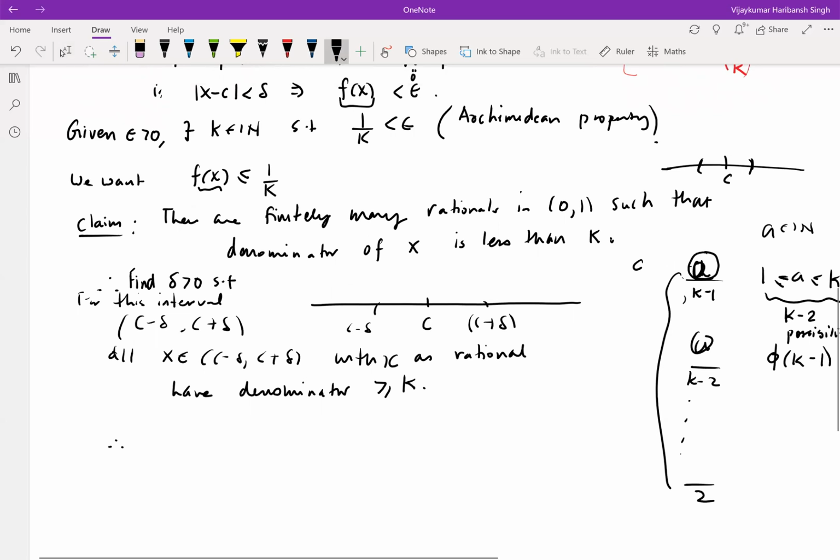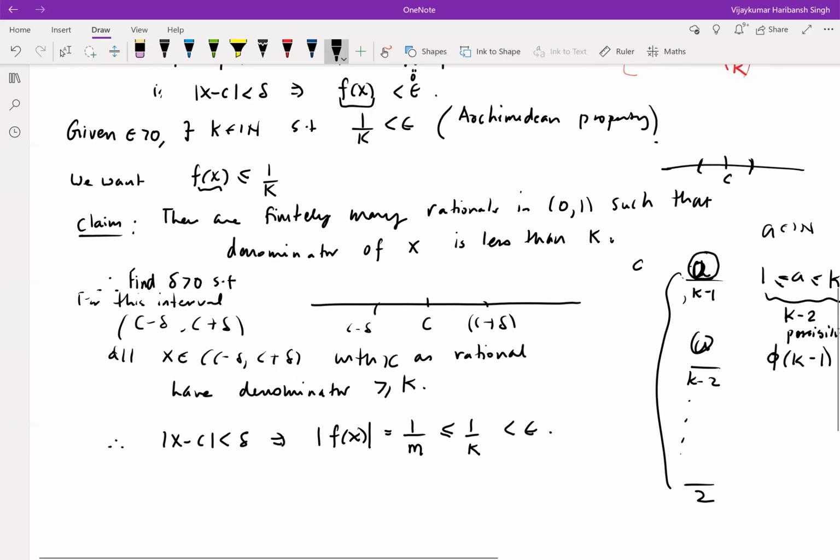Moment you have |x minus C| less than delta, this would imply f of x, the denominator of this is going to be 1 by m, and that is less than or equal to 1 by k, and this is less than epsilon.